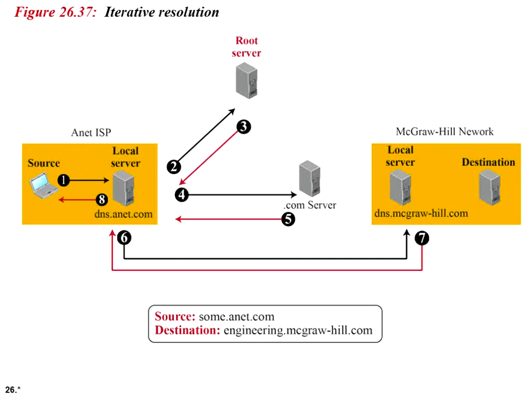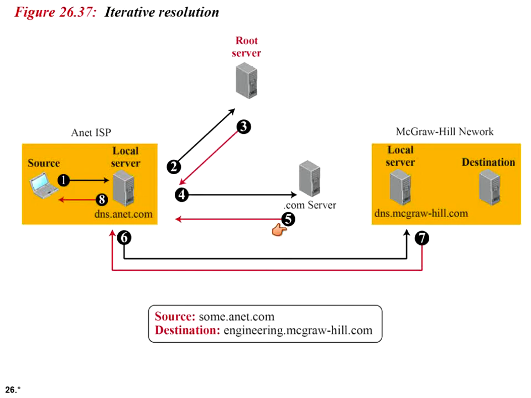The messages here at event 2, at event 4, and event 6 contain the same query. So the message shown by event 3 contains the IP address of the top level domain server. The message shown by event 5 contains the IP address of the McGraw-Hill local DNS server.